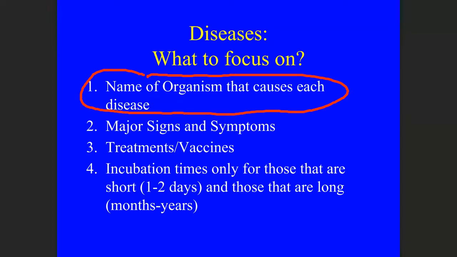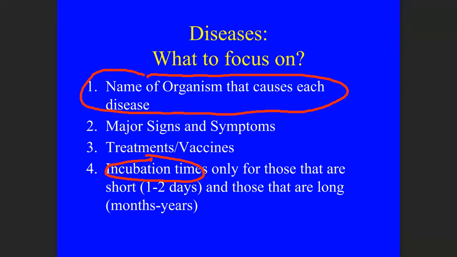And another thing: if you've looked in your notes, for a lot of these diseases it'll mention the incubation times. While those are important, I don't want you to know every single incubation time. What I want you to focus on are the diseases that have very short incubation times, maybe a day or so, and the ones that have very long incubation times, like months or years.